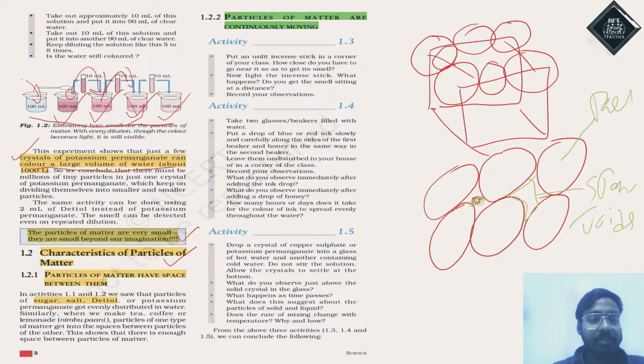Now another property, particles of matter are continuously moving. Let's have a daily life example. Like we are going to take a bath, and this is our water, and we are putting 1 spoon of Dettol.